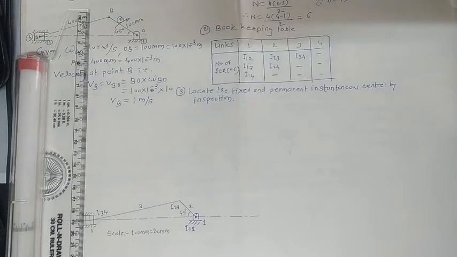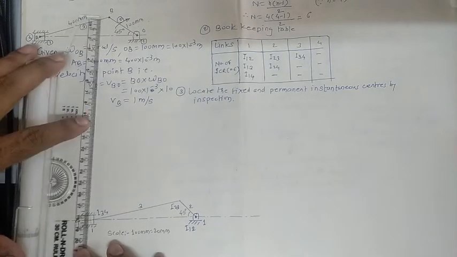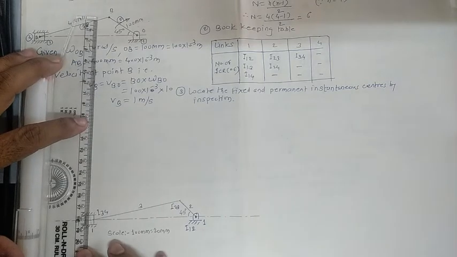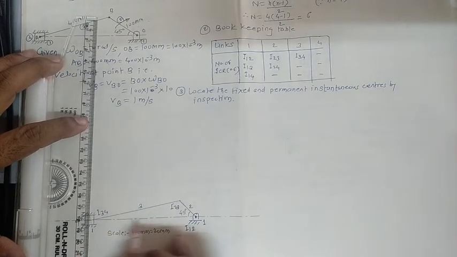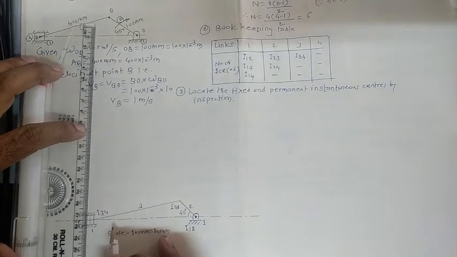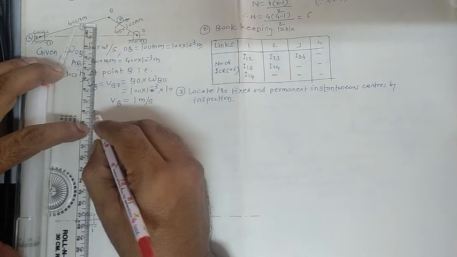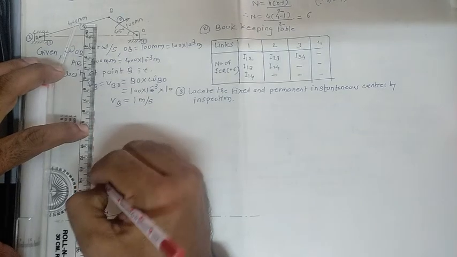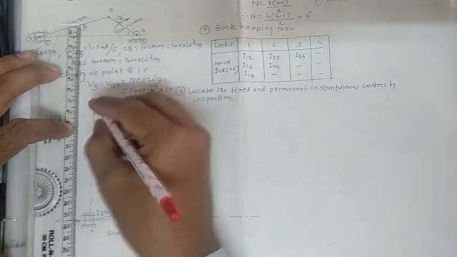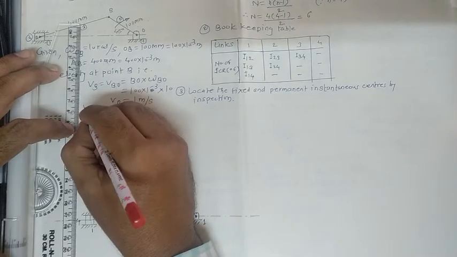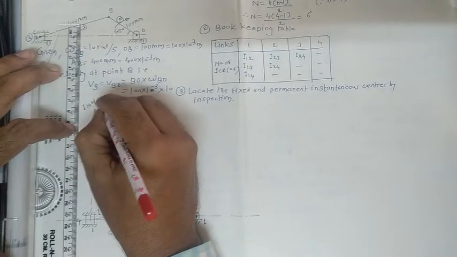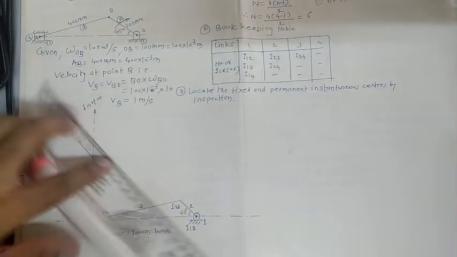Pass one line perpendicular to the path given, just draw one perpendicular line in this way. This indicates I14 at infinity.